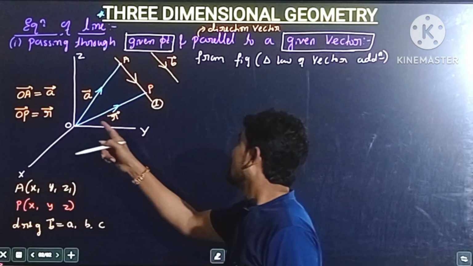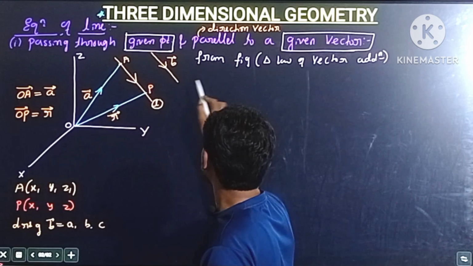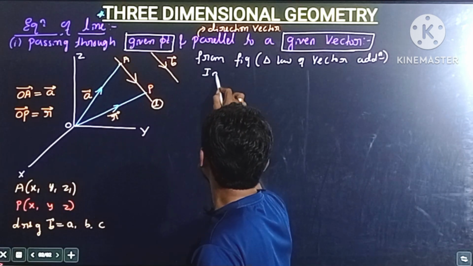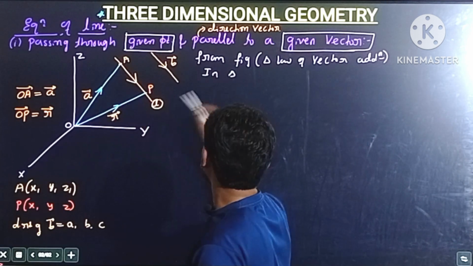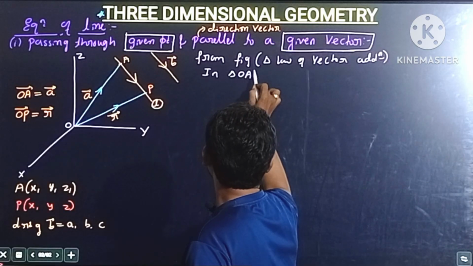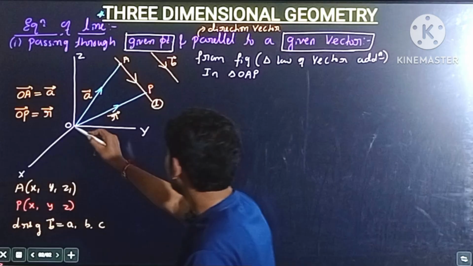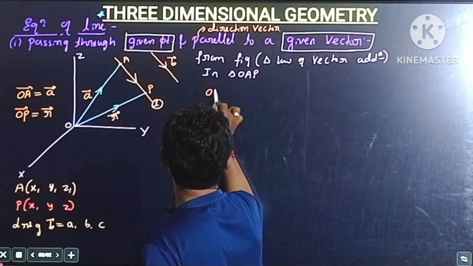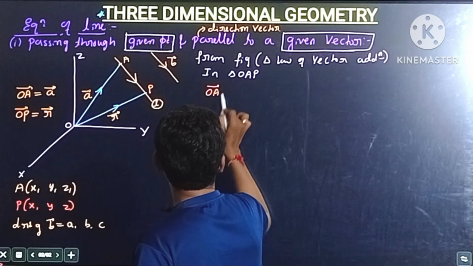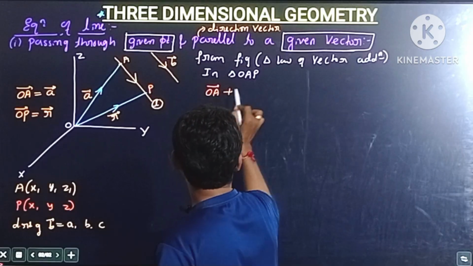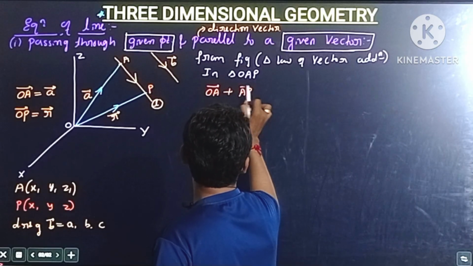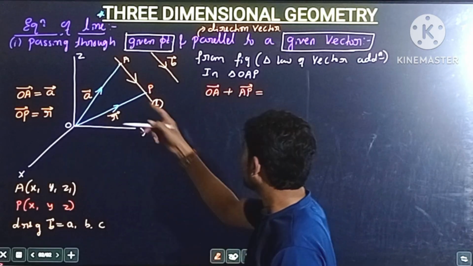From the triangle law of vector addition, we may write, in triangle OAP, OA vector plus AP vector is equal to R vector.